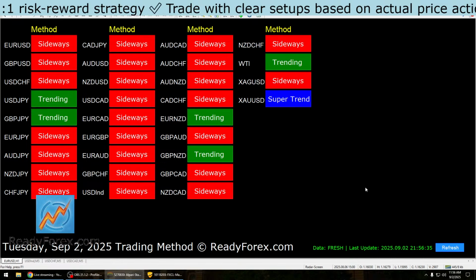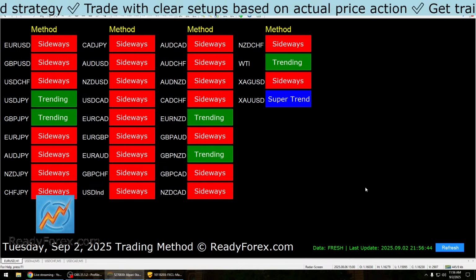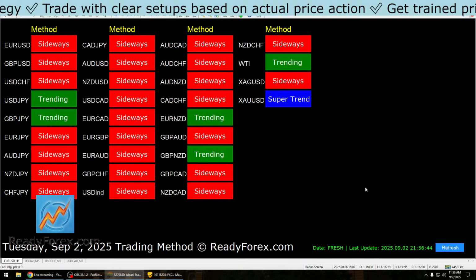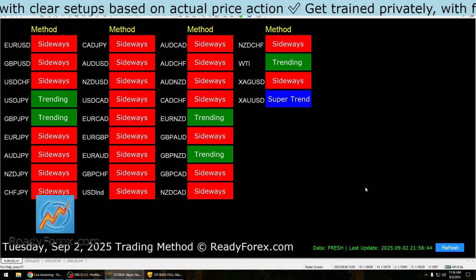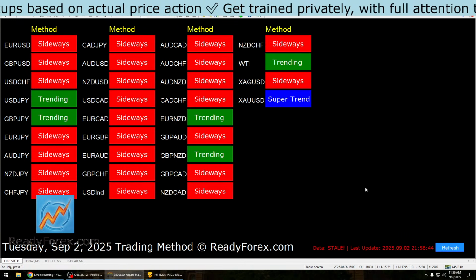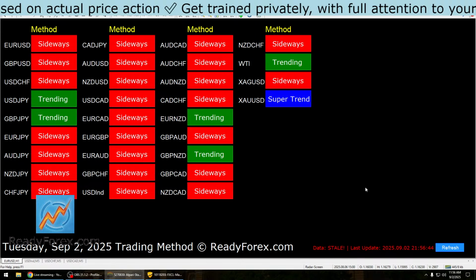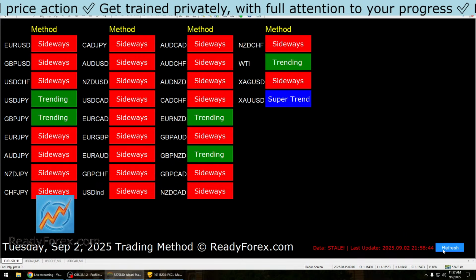At this point in time, it seems to me EURUSD, GBPUSD, USD Swiss franc, same goes with AUDUSD and NZDUSD pair, they're trying to move sideways. In other words, we should use a sideways trading strategy.